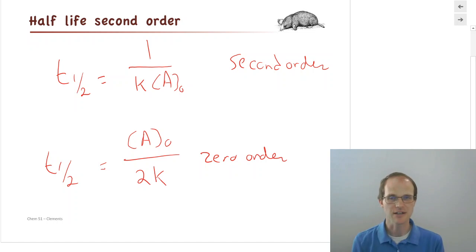And this is very interesting because you notice that the half-life in second order goes down as our initial concentration increases. Whereas in zero order, the half-life goes up as our initial concentration increases. And that seems a little weird. But remember, a zero order reaction is always going at exactly the same rate, 100 pounds of chocolate per hour.